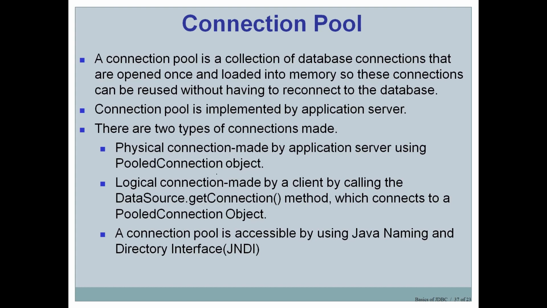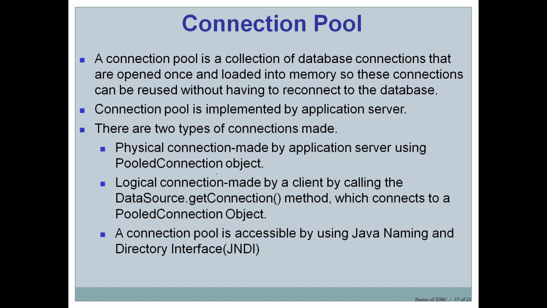Now there is an intermediate body between the application and the actual database, and that intermediate body here is the connection pool. What the connection pool does is simply open a connection with a backend database and keep that connection open for the users.